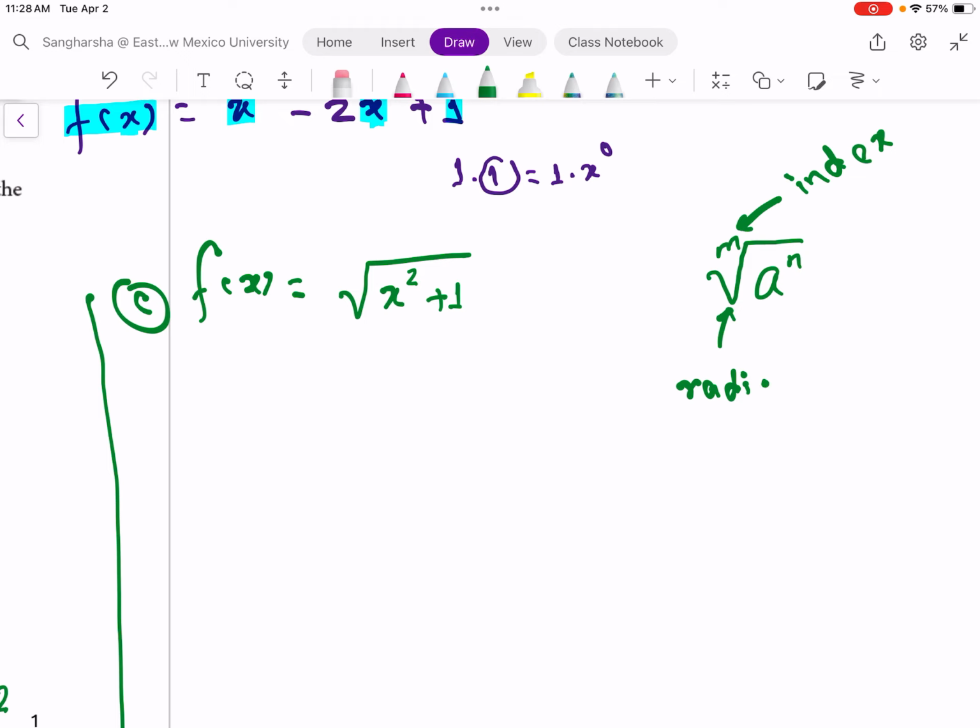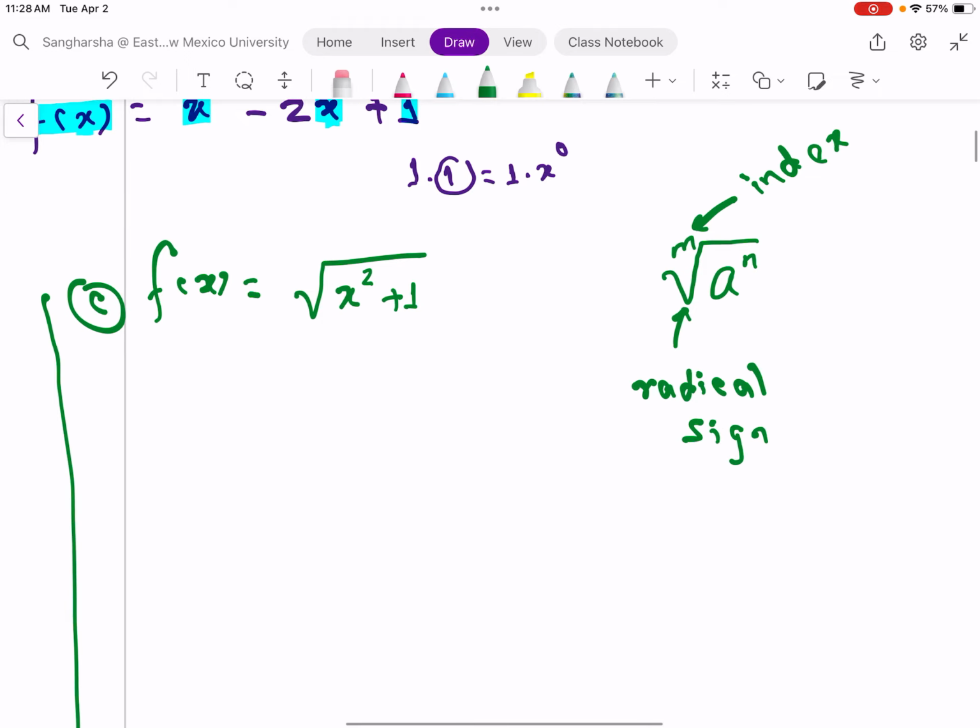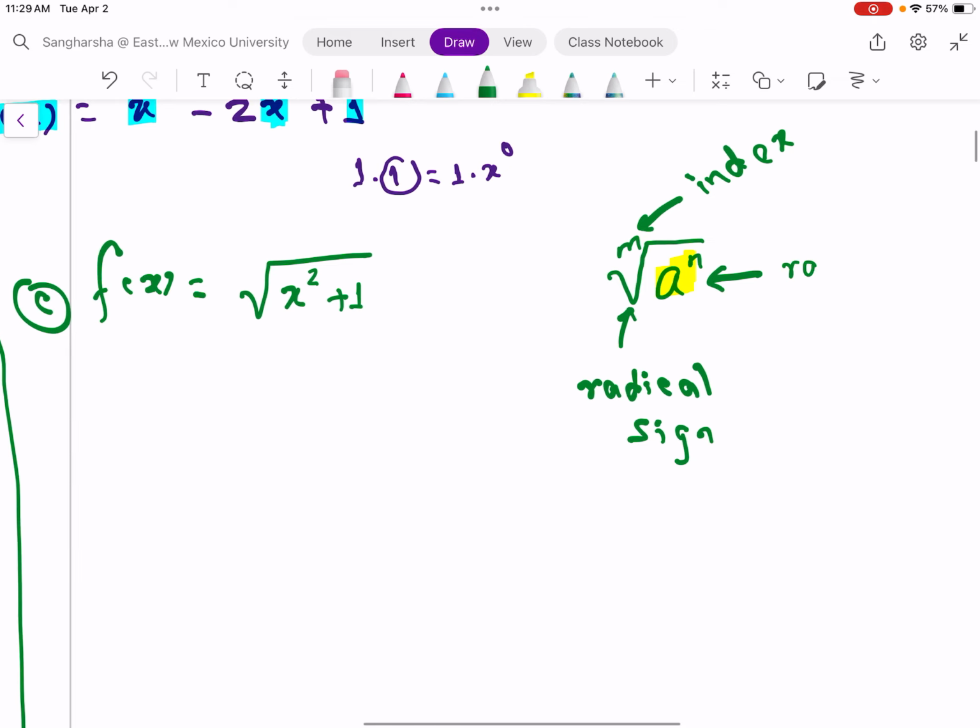And whatever we have inside the radical sign, we call the radicand. So m is the index, this sign is the radical sign, and whatever we have under the radical sign is the radicand.